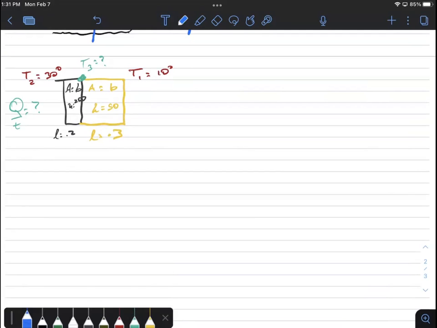It goes like this. If I want the heat flow rate through the whole system, all I have is this equation. I've got Q over T is K A delta T over L for the first material, the wall, let's say. And then I have a different Q over T is K A delta T over L for the second material, the insulation. I could do that.